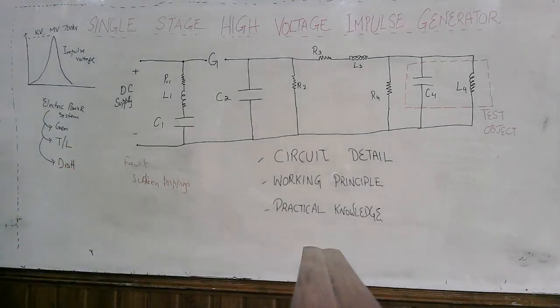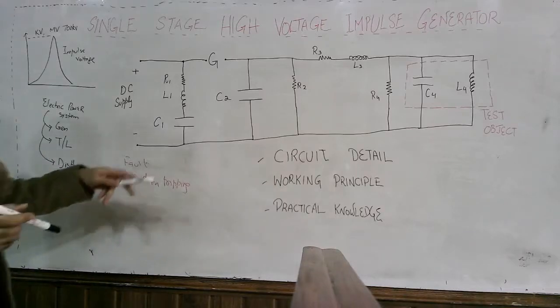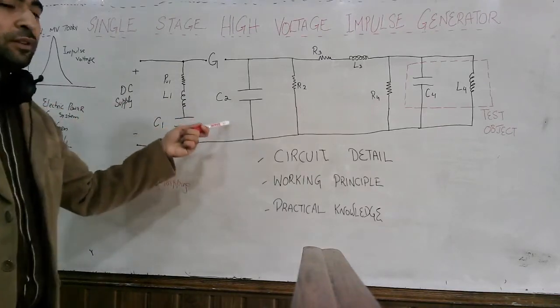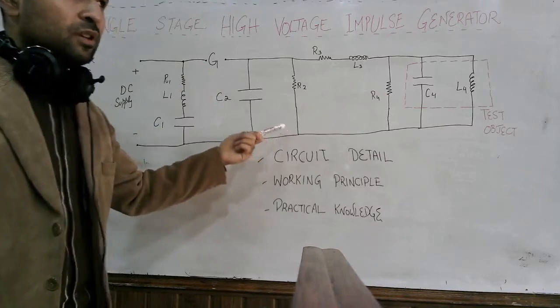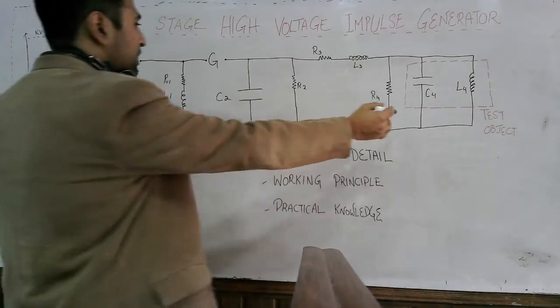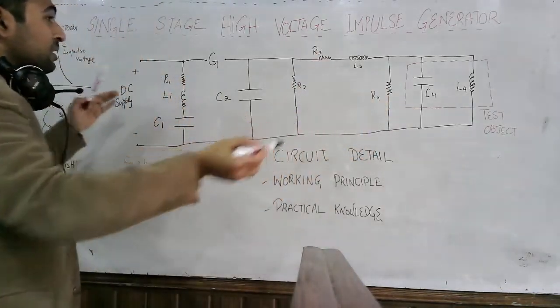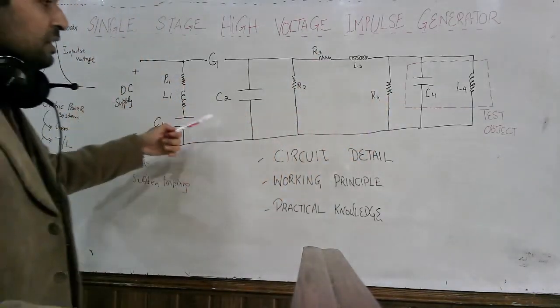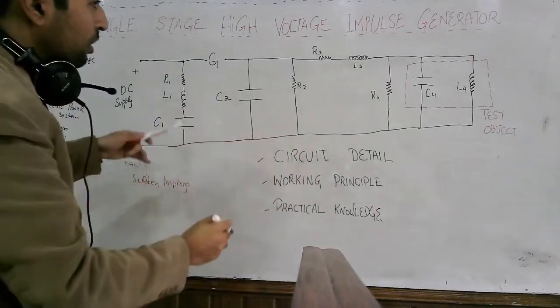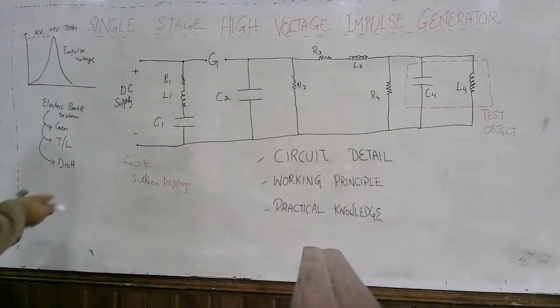The impulse voltages which result from switching are known as switching impulse voltages, and this type of circuit can create lightning impulse voltages as well as switching impulse voltages. This is a complete circuit of an impulse voltage generator. We will be understanding each and every component, and we will look at which components play their role in which type of impulse.